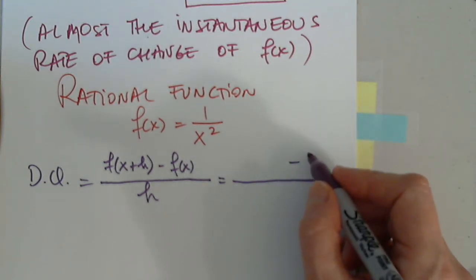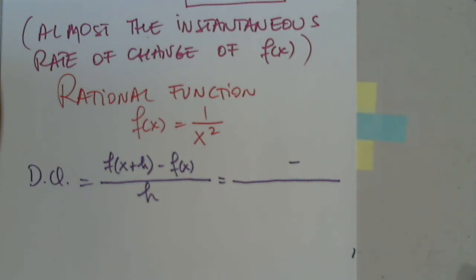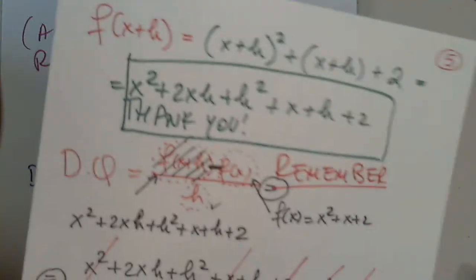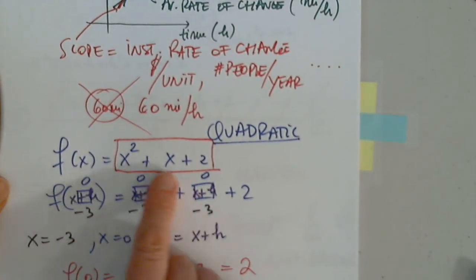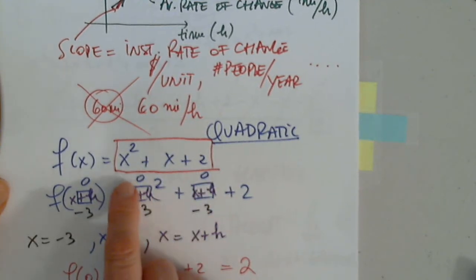No. Okay, so let's talk about it. So obviously it's not clear. Coming back to our function. How did we determine f of x plus h for this function? We looked at the pattern.